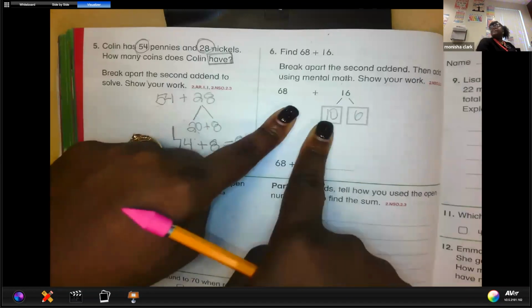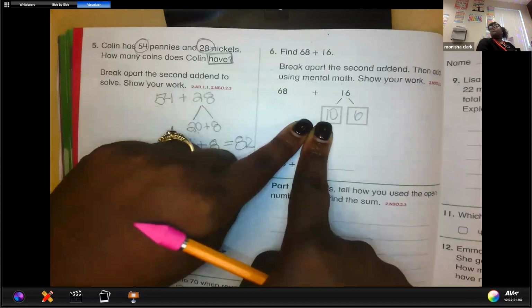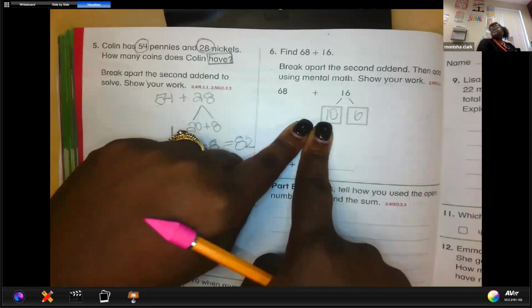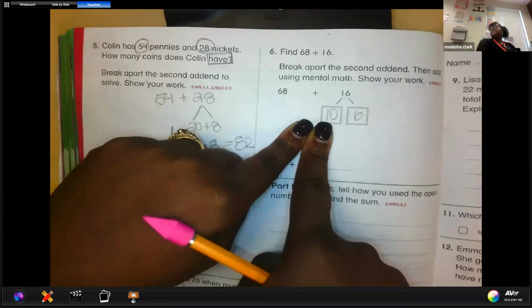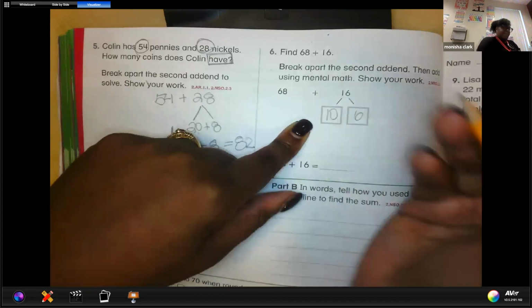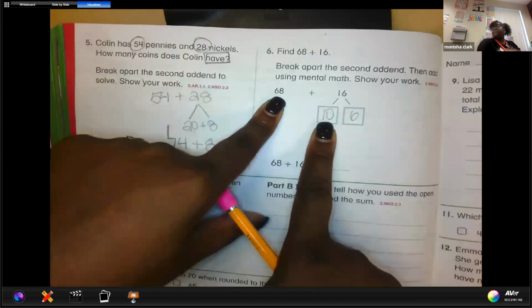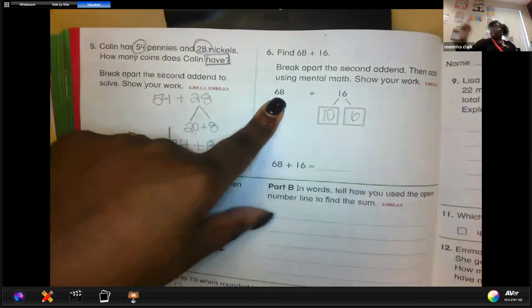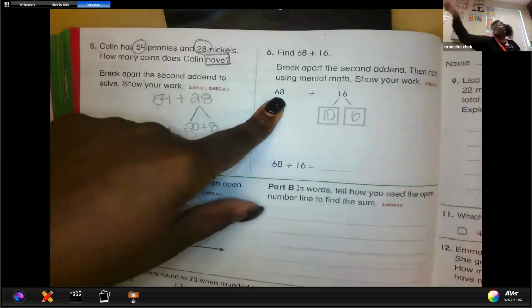So 68 plus 10. What is 68 plus 10, Destiny? 78. Remember, when we are adding tens, eyes up front.